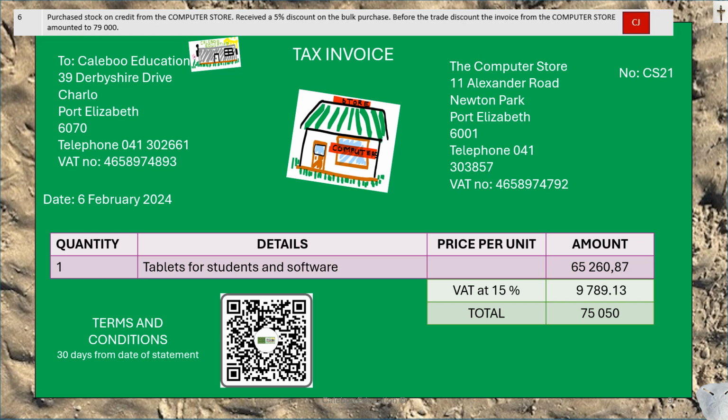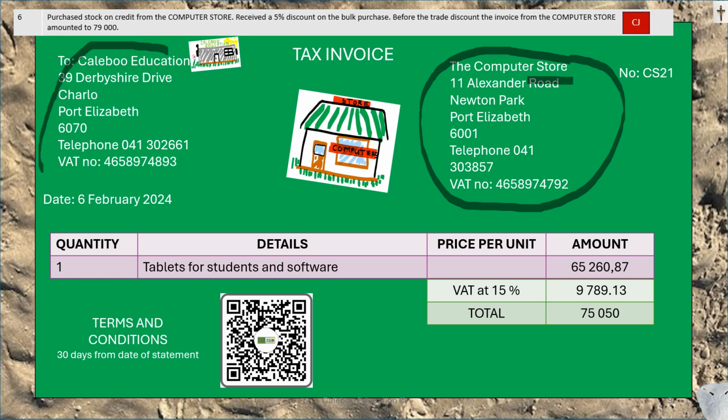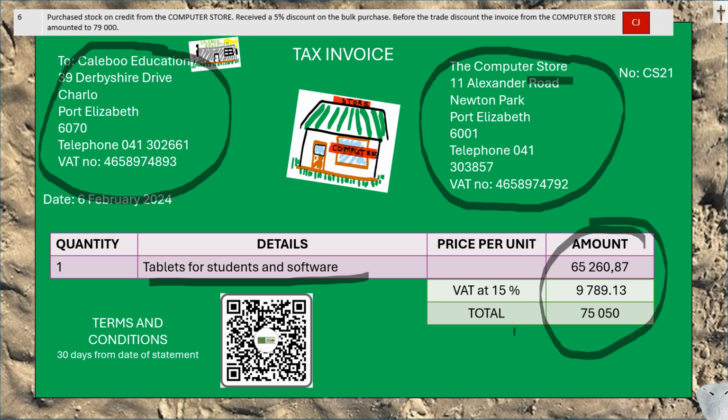Here, just as an example to refresh your memories, is a document from the computer store to us, Calibre Education, for tablets and software. And there's the amount of the invoice.